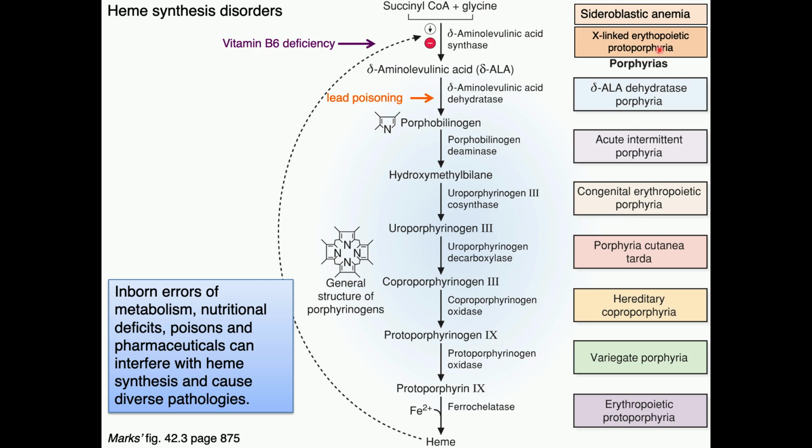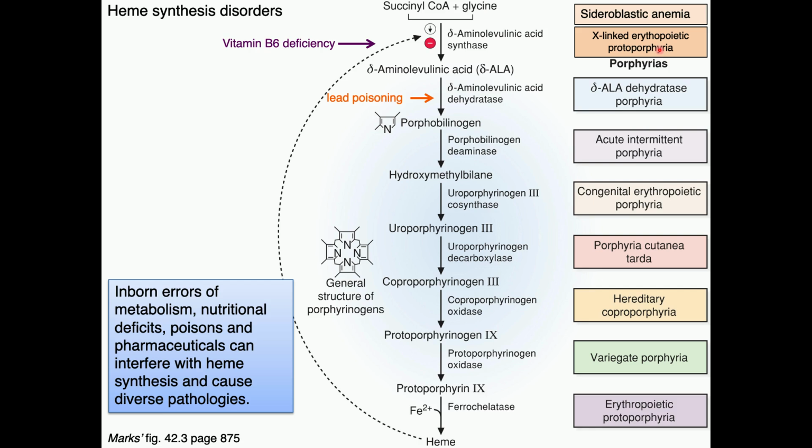All of the other ones can be caused by inherited mutations that cause a loss of function in the enzyme. They can also occur sporadically in the absence of any known mutations, and I'll provide an example and a mechanism of one of those later on in the class.